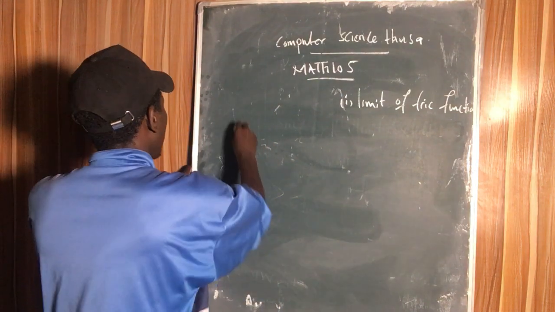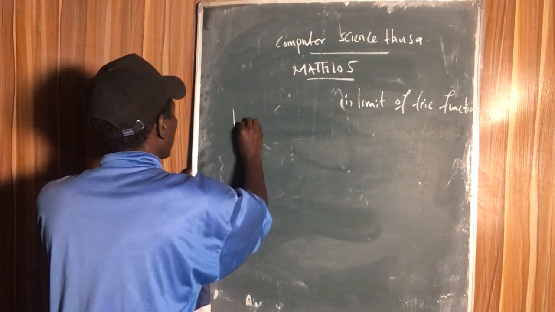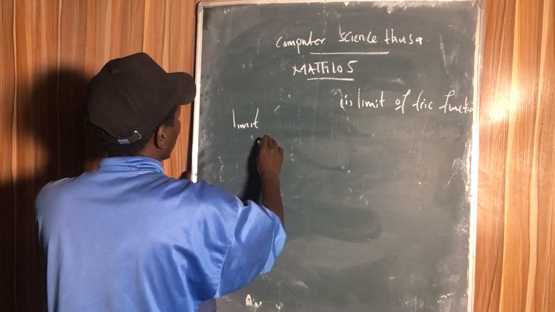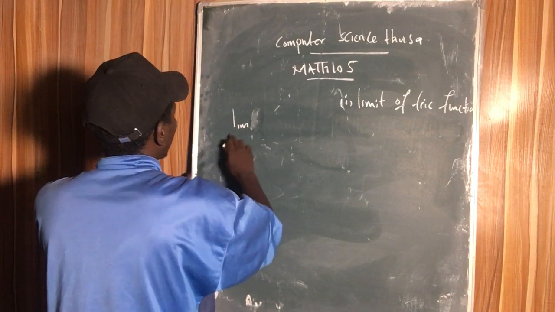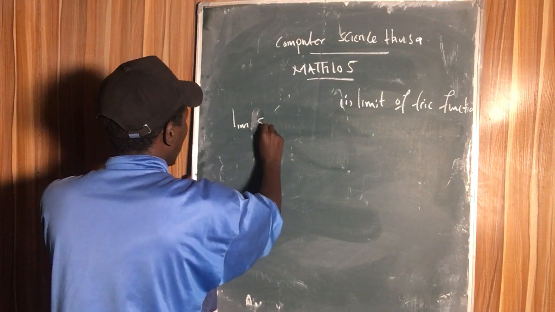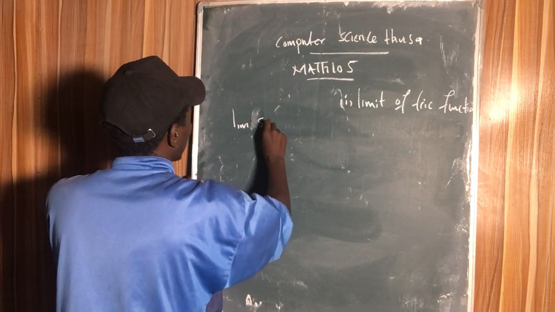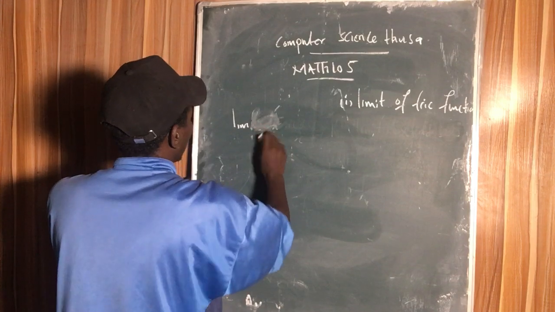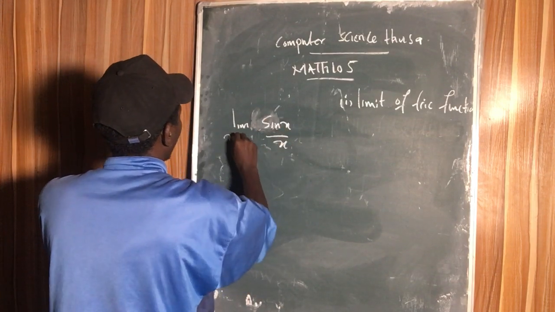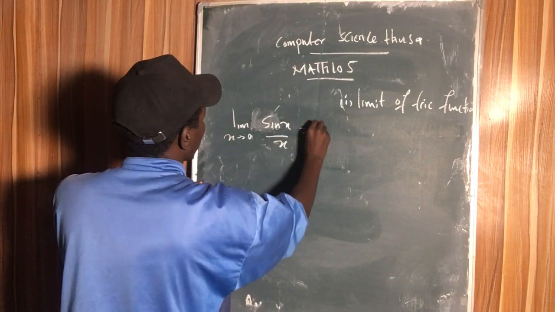Limit of sine x all over x as x tends to 0 is equal to 1.